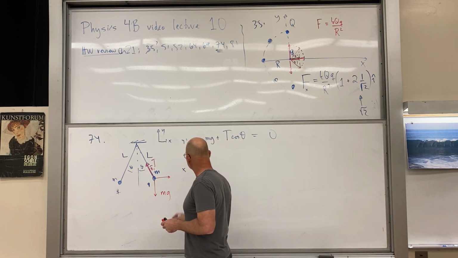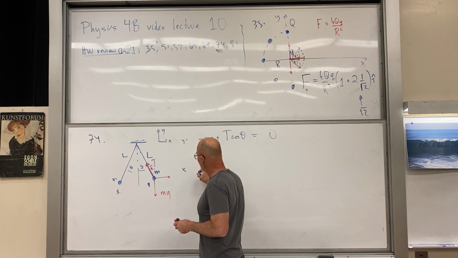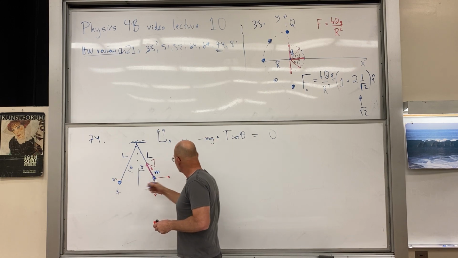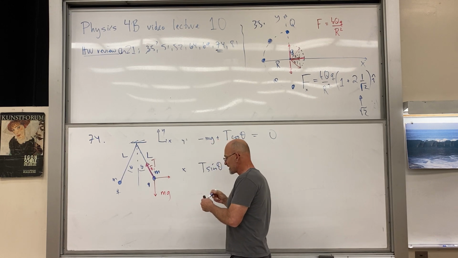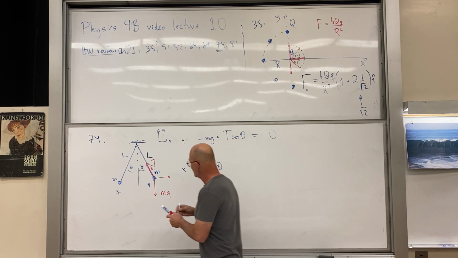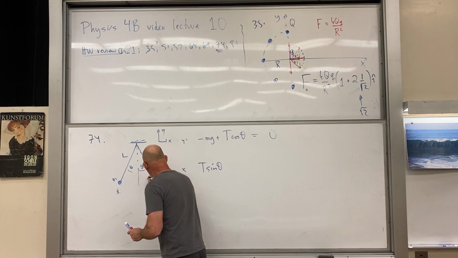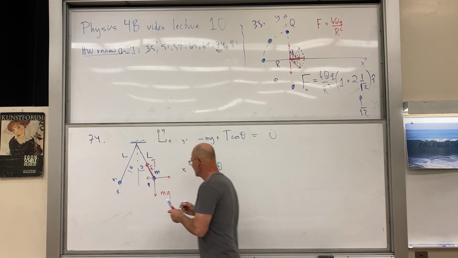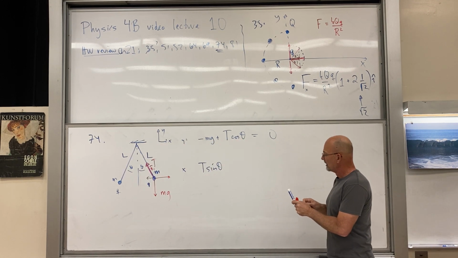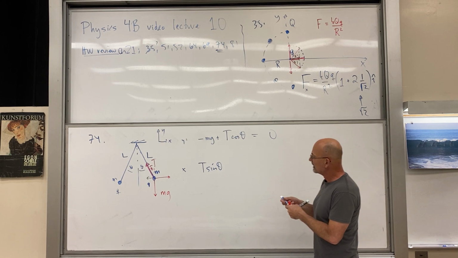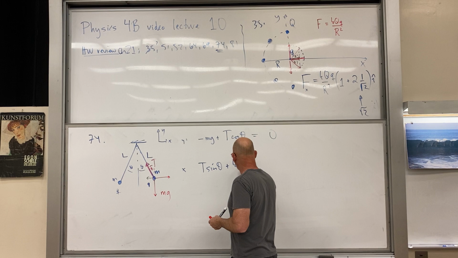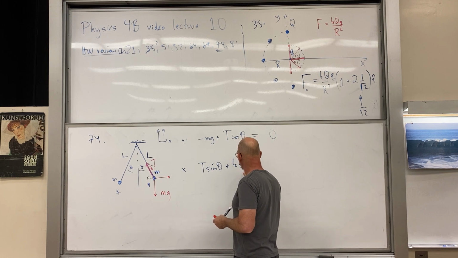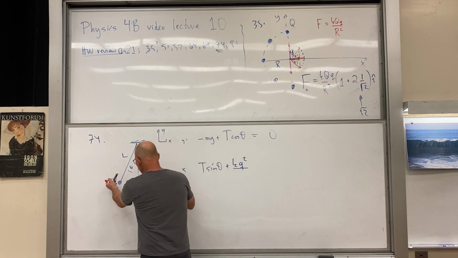The x-axis, we have, pointing to the left, T sine theta. That's that projection over here. And pointing to the right, we have the electrical force, which is k q squared over the separation distance squared.